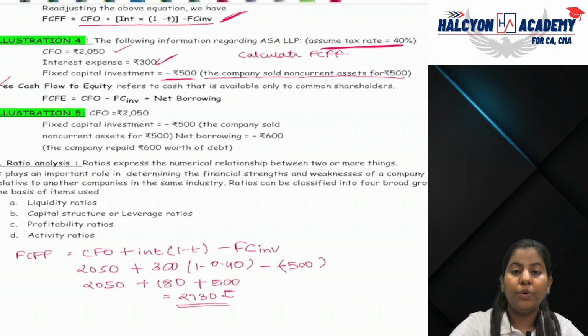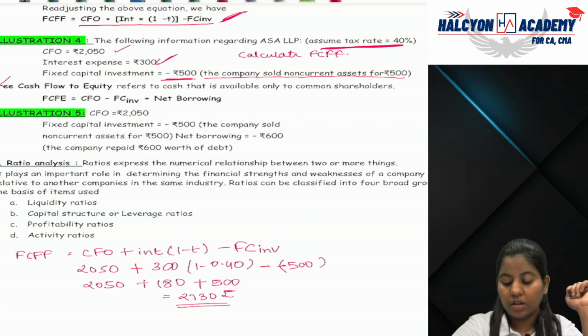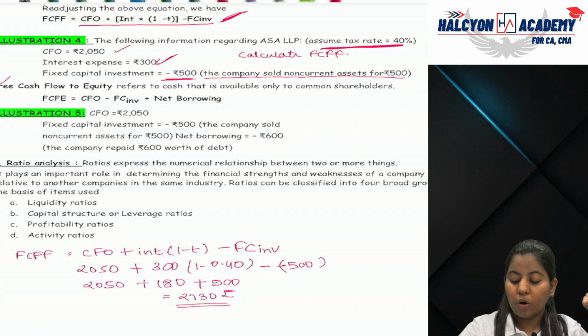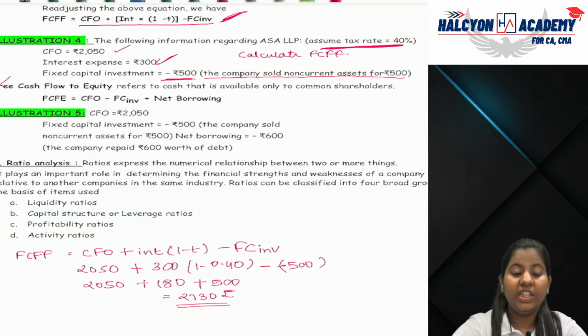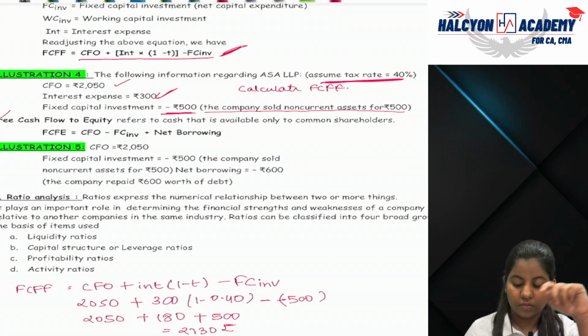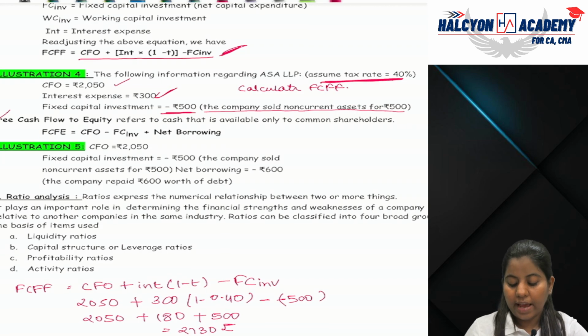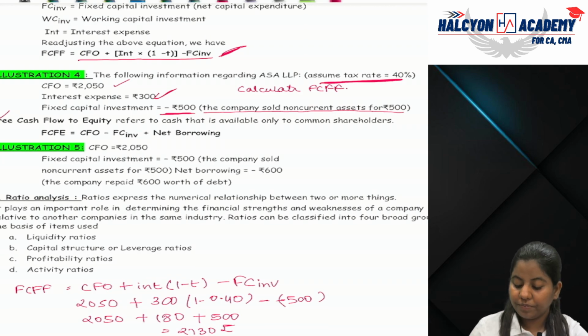Is it clear to you all? I hope it is clear. Now I am moving to the next topic, that is free cash flow to equity.